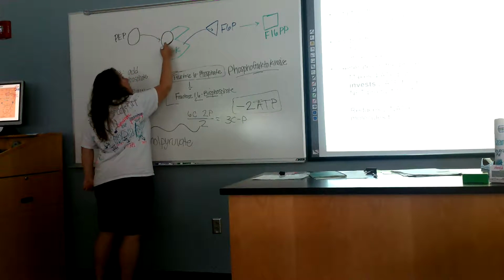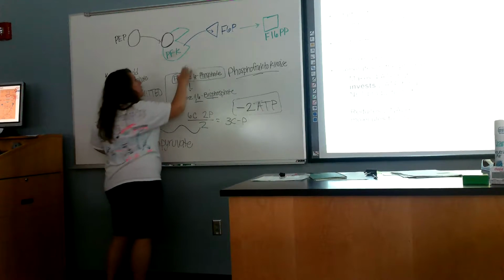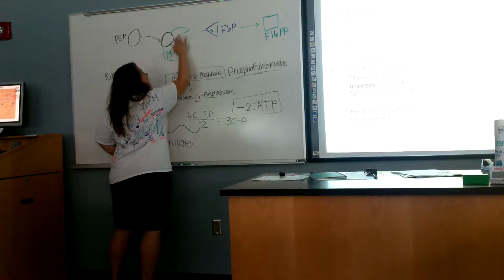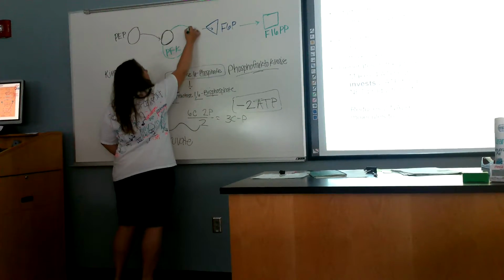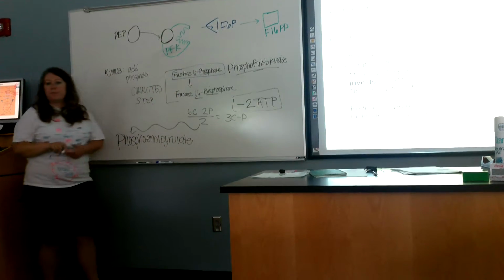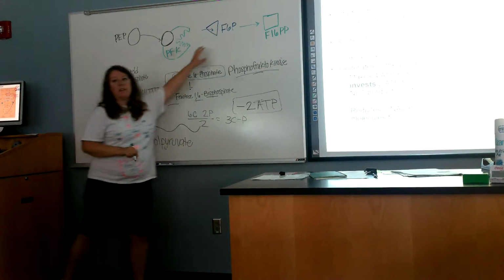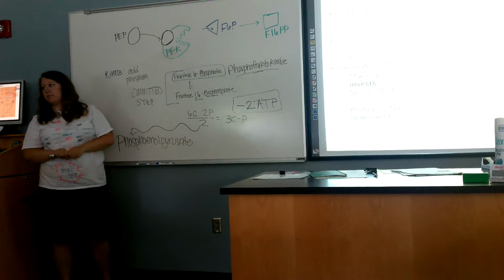It's got a spot where it binds there. And now that it has bound to that allosteric site, suddenly the active site of PFK looks different. And it can no longer bind its substrate to convert it into product.